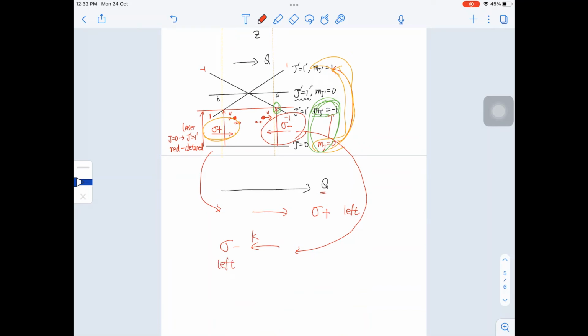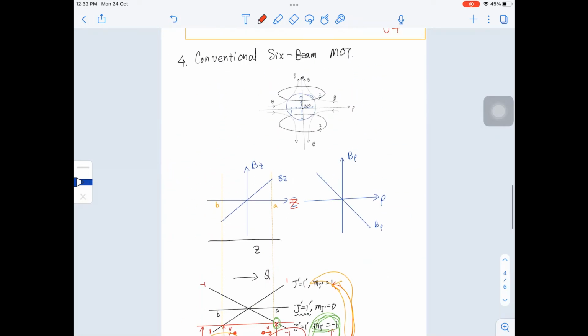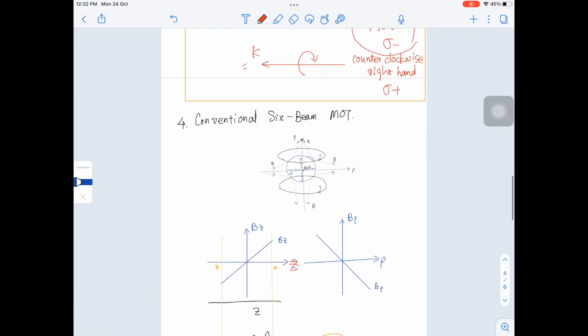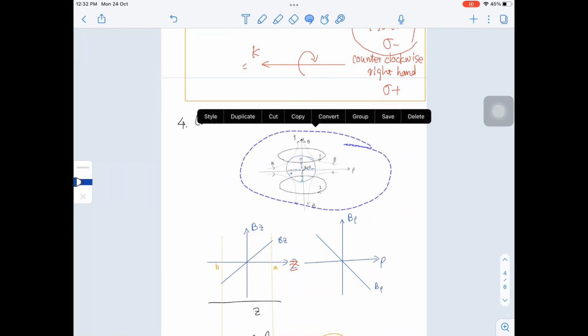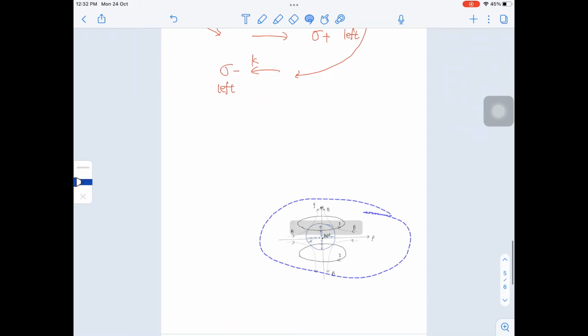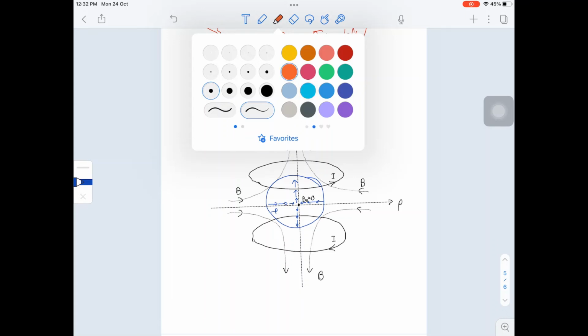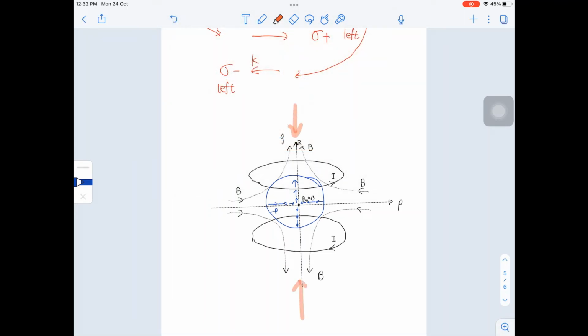That means we need to shine left hand polarized light from both directions, I mean positive z and negative z.